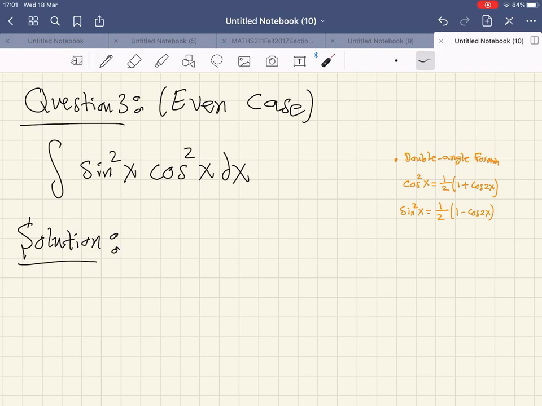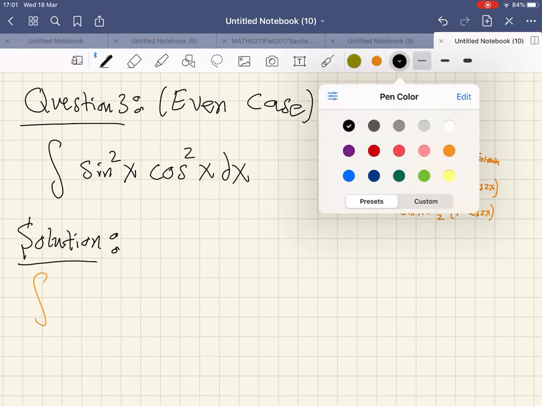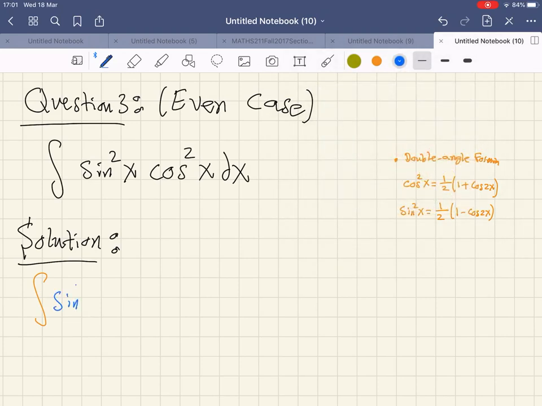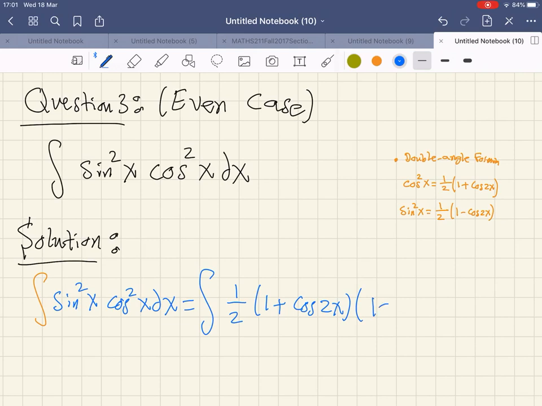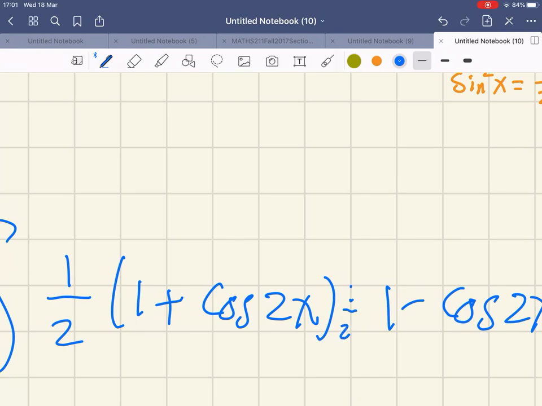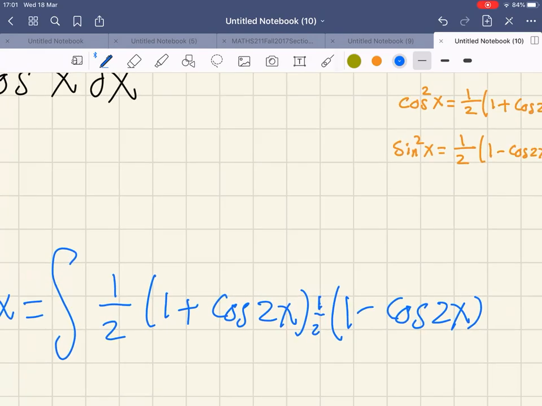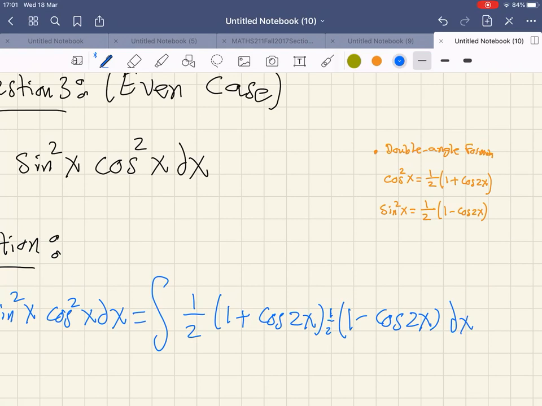Okay, shall we do it here? So in this question, all we need to do is take the integral of sine square x cosine square x dx, which equals the integral of half times 1 plus cosine 2x times half times 1 minus cosine 2x dx.